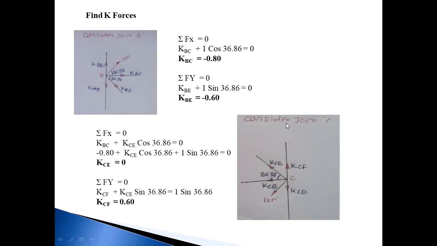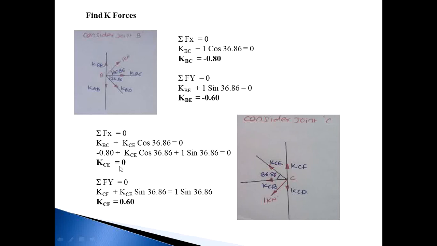Then next consider joint C. Summation Fx is equal to 0. So the forces in the horizontal direction are KBC, KCE cos 36.86 and 1 sin 36.86.